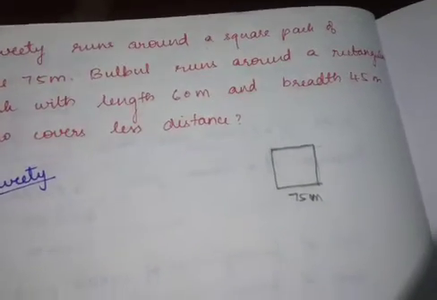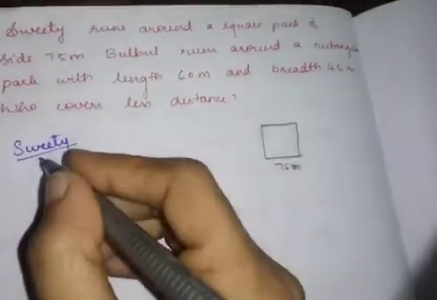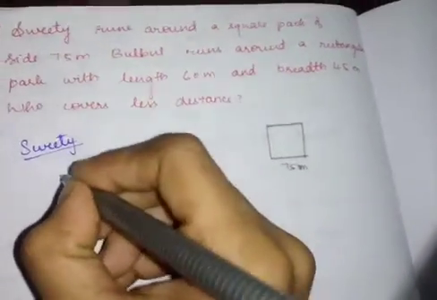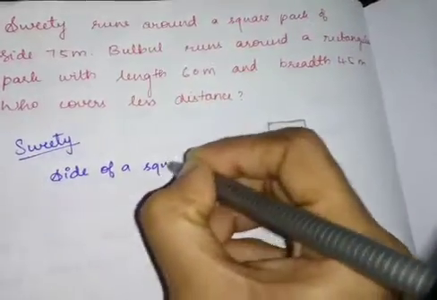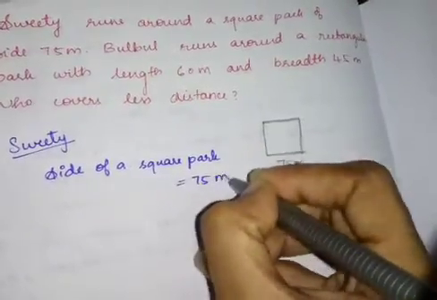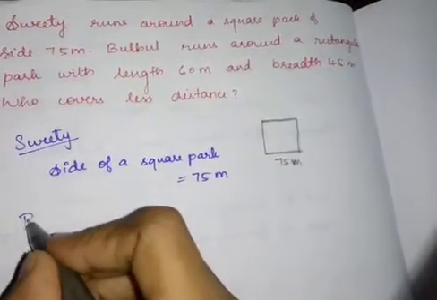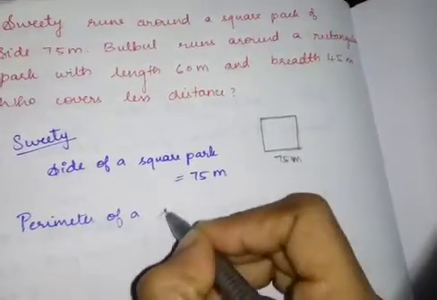She is just covering the length of the boundary. Okay. So the side of a square park is 75 meter. Okay. So next we should find the perimeter of the square park.